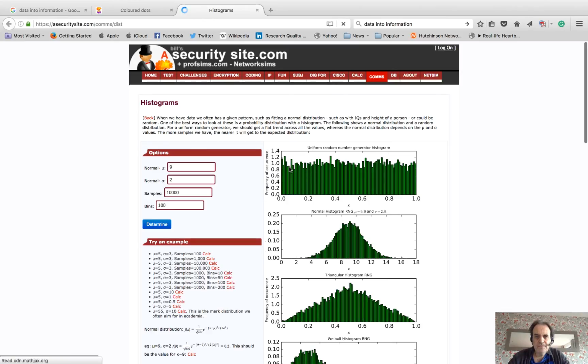Sometimes what we have is what's called a frequency plot or a histogram. So with a histogram, what we have is that we take our values, as they occur, and we count the number of values that we actually have, and we get what's called a frequency distribution, or a histogram.